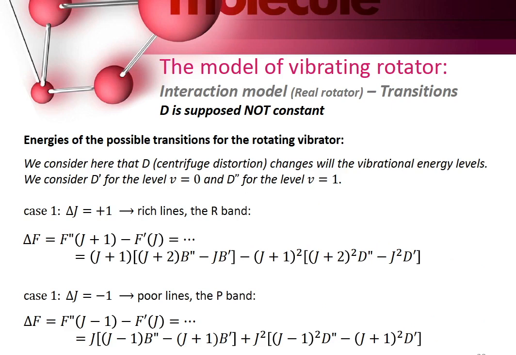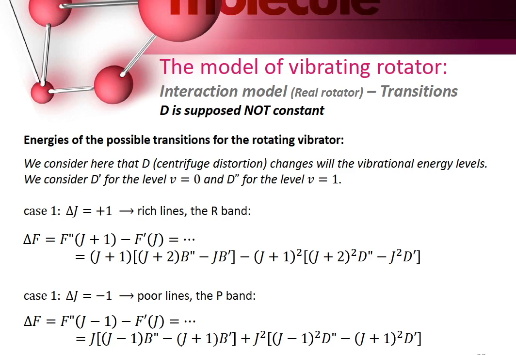Now, just to make things even more complicated and to get our brains really lost, there is an additional situation where we have a real rotator, so we are no longer in the first approximation. We do have interaction between modes, so the B prime and B second are different, and also there's a distortion correction, but even this distortion correction will depend on which level of energy we are on the vibration side, which means that there will be D prime and D second also.